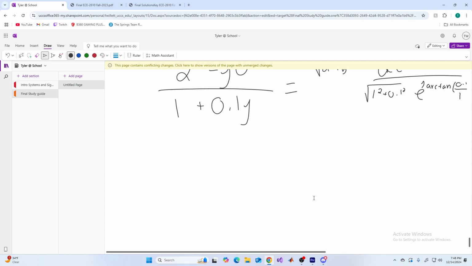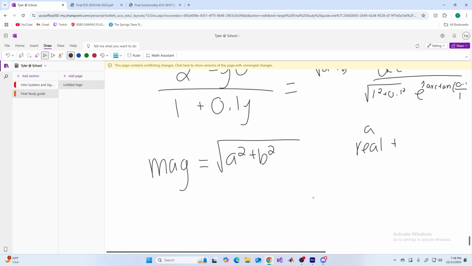So remember, your magnitude equals the square root of a squared plus b squared, and then your real number is your a, plus jb, your imaginary number is your b.